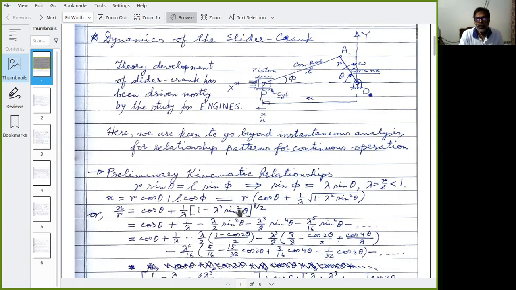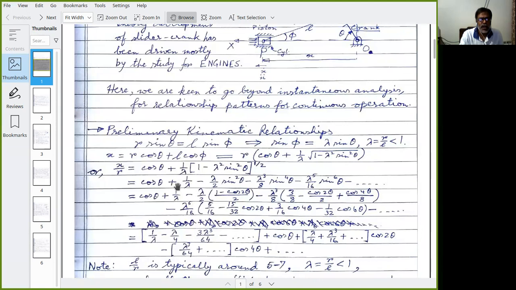And then we know that we can expand it in binomial series. As we do that, you should verify this at your leisure, as we expand this binomial series, we get this kind of thing. And then we do something more.